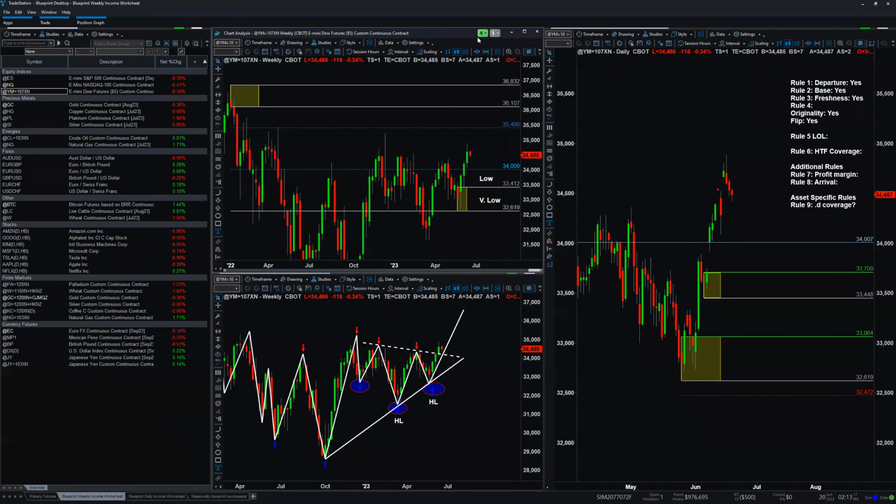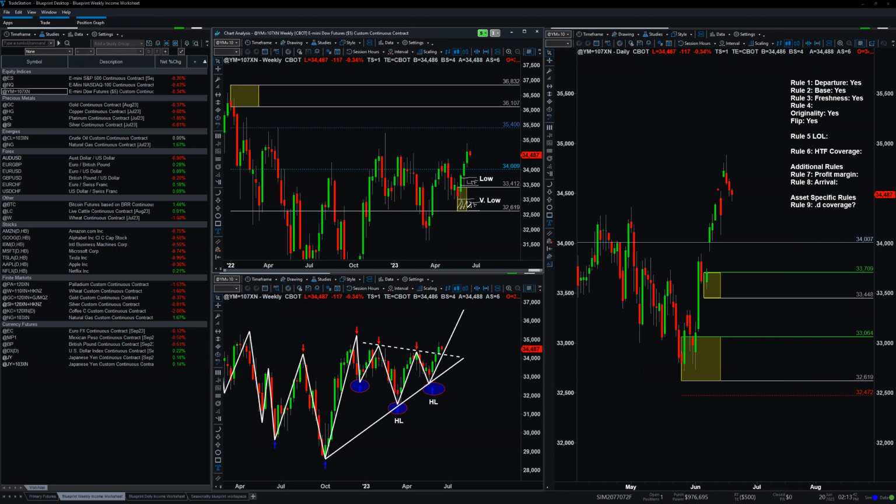So if we were to draw it in, just to visualize that for you, the upper level is kind of situated right here on the higher time frame, right? That's our lower time frame. So that's our upper level. And then the lower level is kind of situated right here in terms of the higher time frame. So we've got two areas.